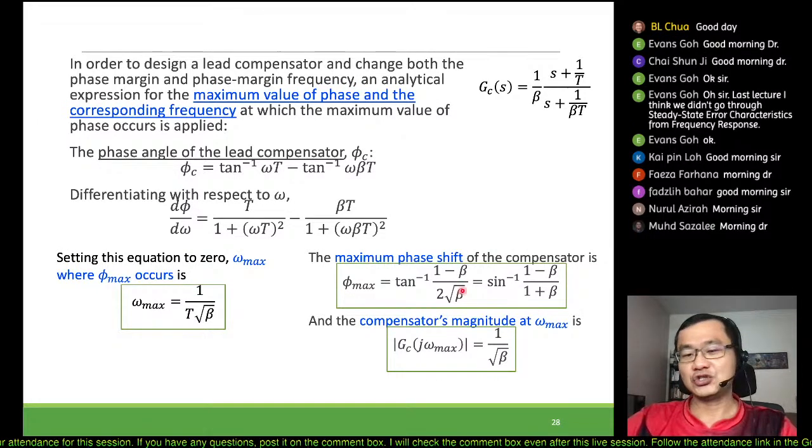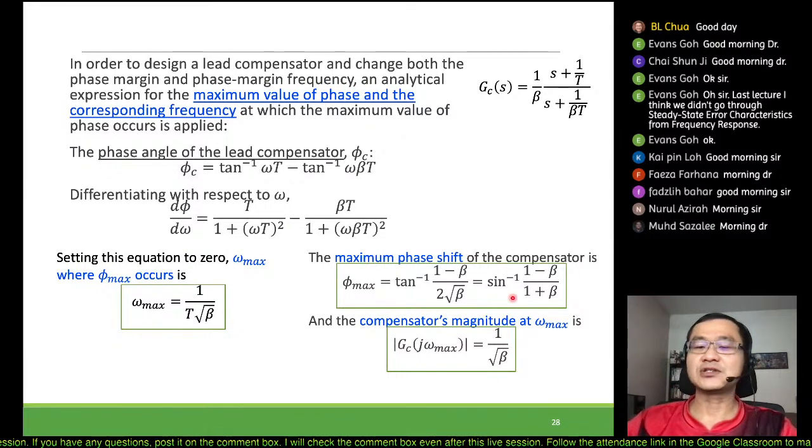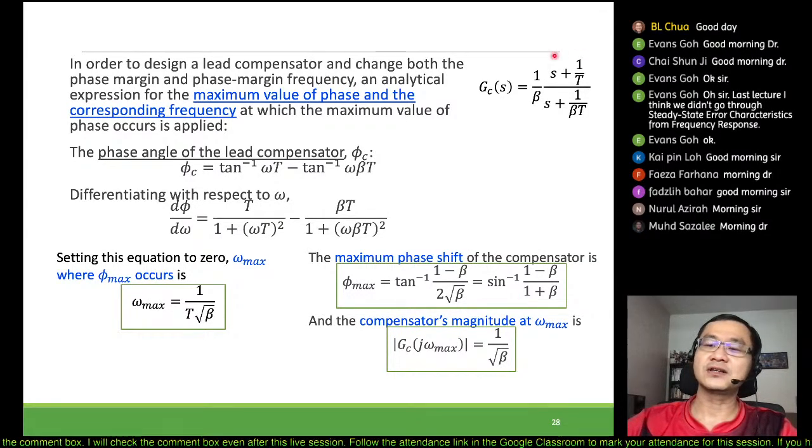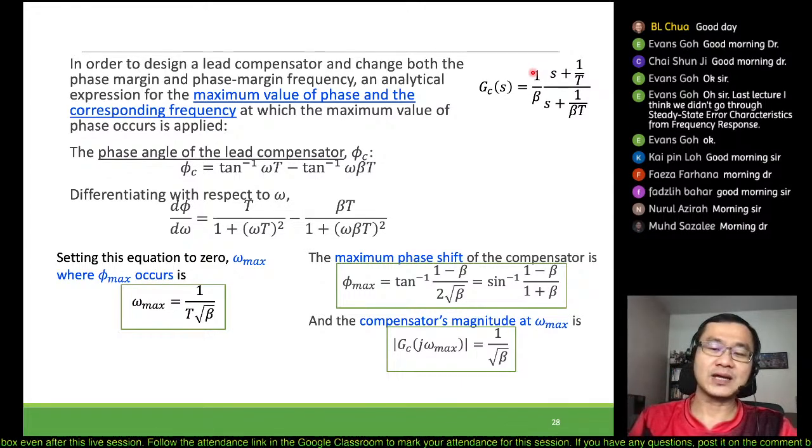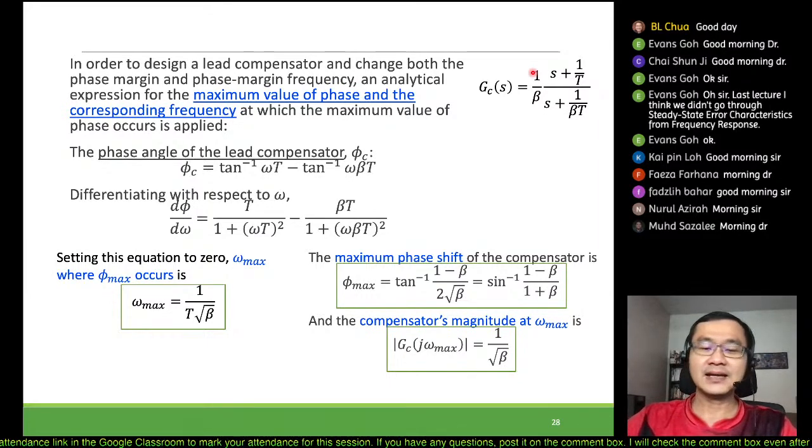So you will see the similarity in terms of the derivations or equations, because the structures of the transfer function are very similar. Only the way they are doing it differs. Then the magnitude at which it occurs would be given by 1 over square root of beta.